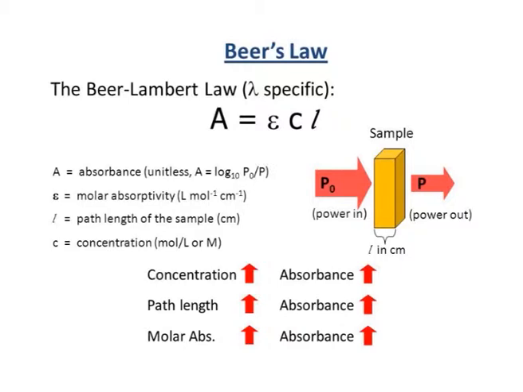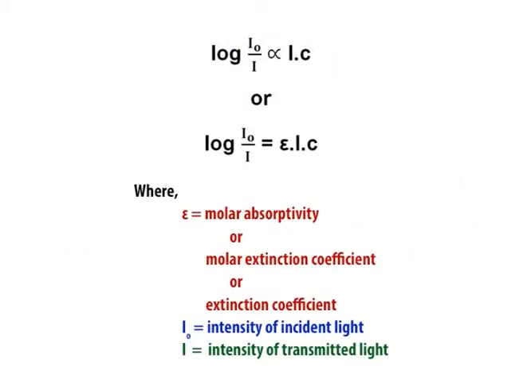This law states that the absorption of light at a particular wavelength by an absorbing substance is directly proportional to the concentration of the sample, represented by C, and the path length of the light in the sample, represented by L. Mathematically, log of I naught by I is directly proportional to the product of L and C, or log of I naught by I is equal to a constant epsilon L C, where epsilon is the proportionality constant and is known as molar absorptivity or molar extinction coefficient, or simply extinction coefficient.